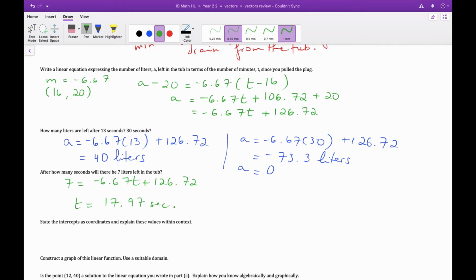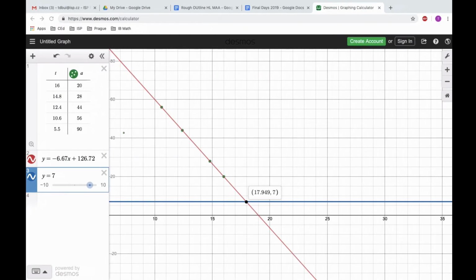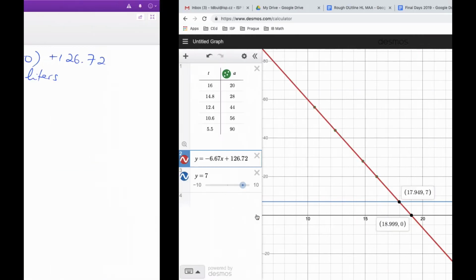So if I want to find the t-intercept, how do I find it? Graphically or algebraically? Well, we already did it graphically. If I go over the graph, it was 19 there, right? So how could we do that algebraically then? If it's the t-intercept, I know that the A value is 0.